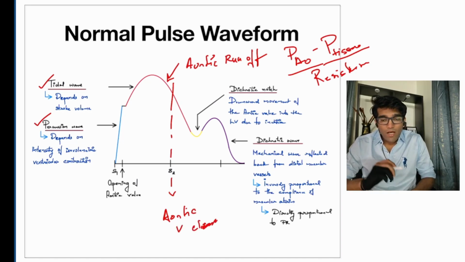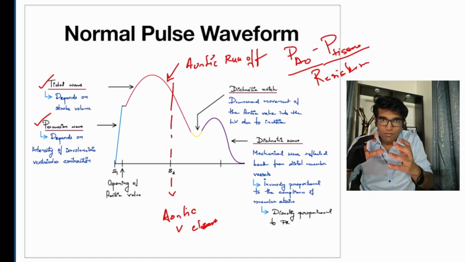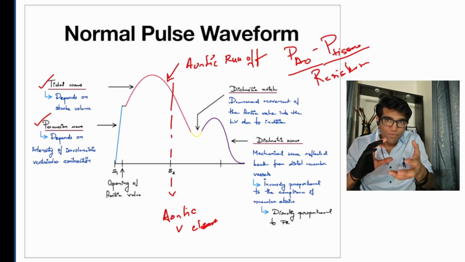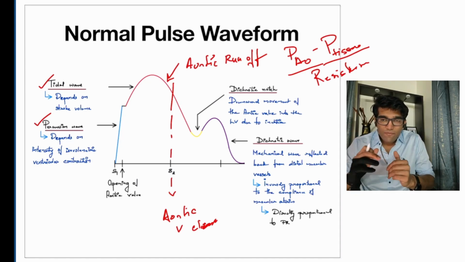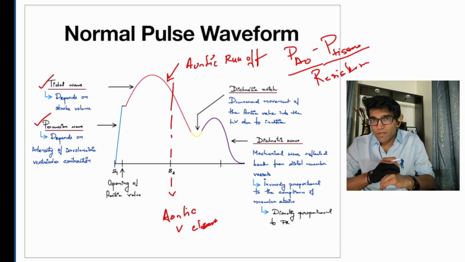Okay, now the thing is, because the compliance of the aorta and the large vessels, which are also called the Windkessel vessels, is significantly more than that of the peripheral blood vessels, as long as normal peripheral vascular resistance is maintained, there is usually a reflected wave that comes back from the peripheral vessels.